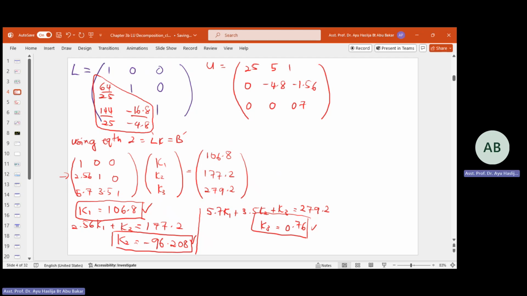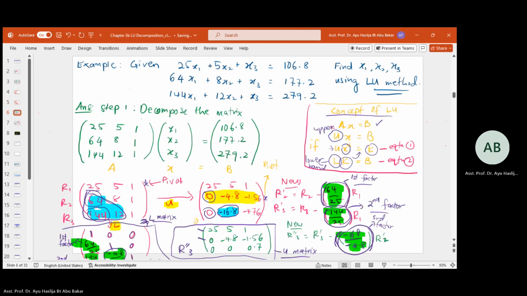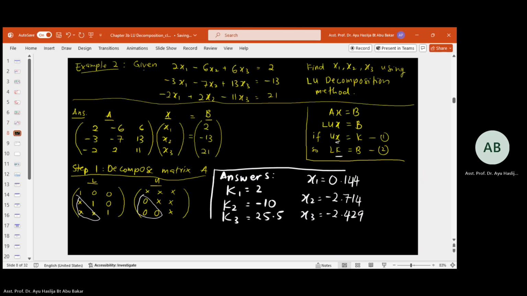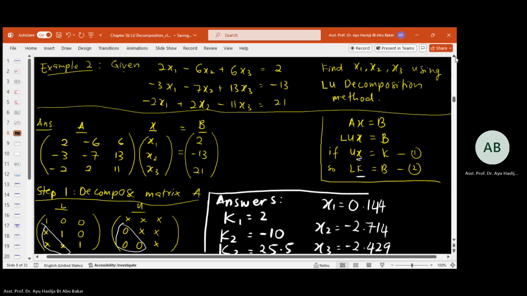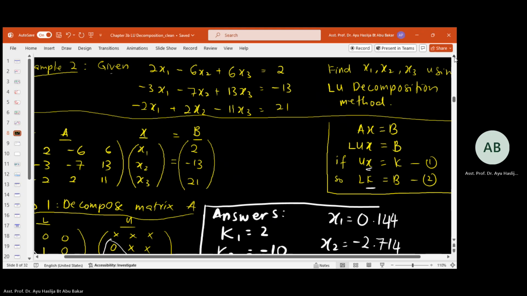Okay, now let's try one question. In the example in class, I gave the equations straight away.